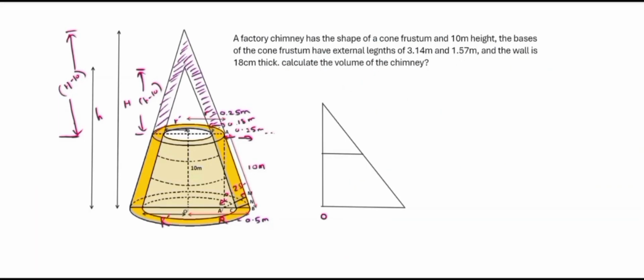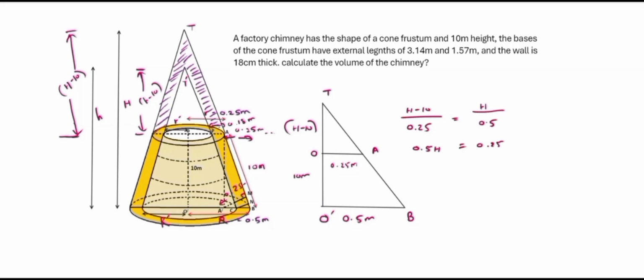To find capital H, we consider two right-angle triangles which are TO'B and TOA. Capital H minus 10 over 0.25 equal to capital H over 0.5. Then 0.5H equal 0.25H plus 5. Therefore, capital H is 20 meters.